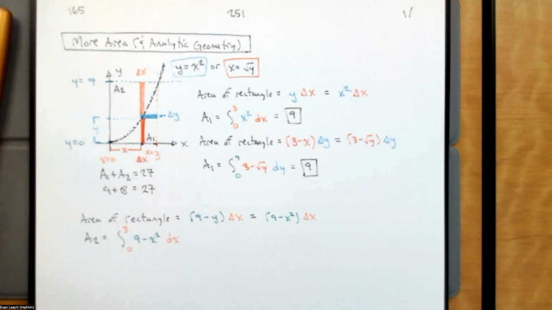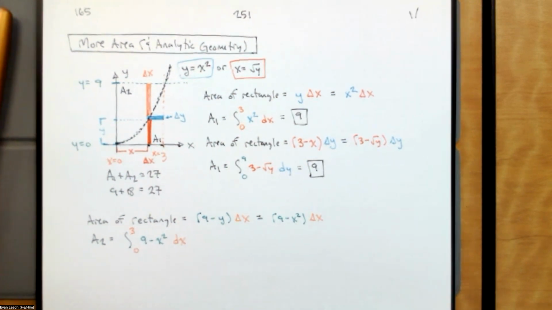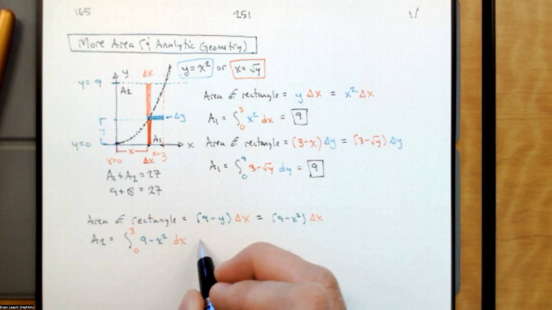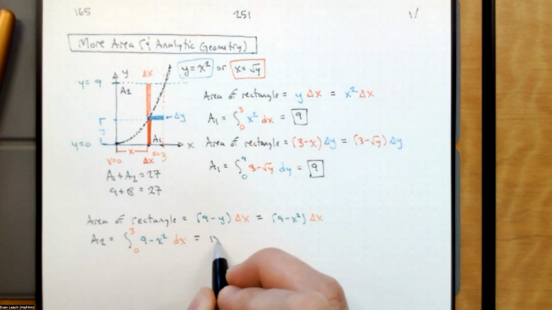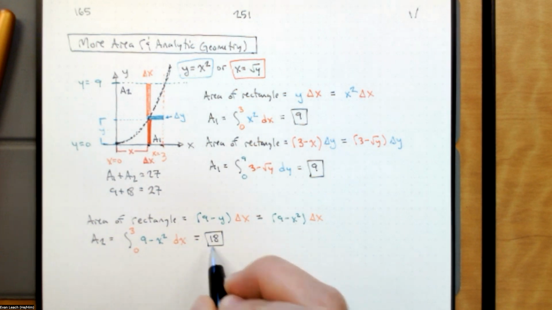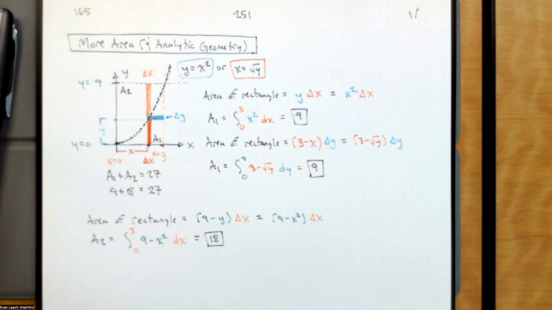What we're doing is taking the expression 9 minus x squared dx and evaluating it at all the x values from 0 to 3, then adding up the results. And then hopefully this works out to the 18 that we expected.